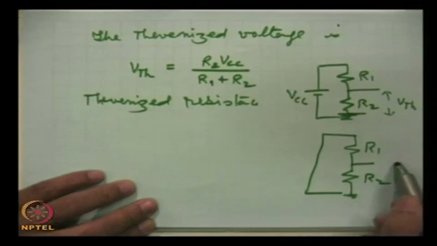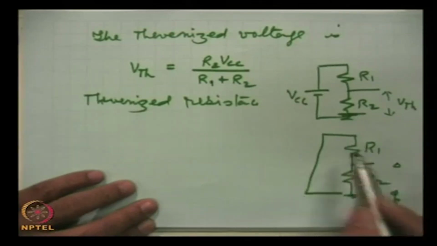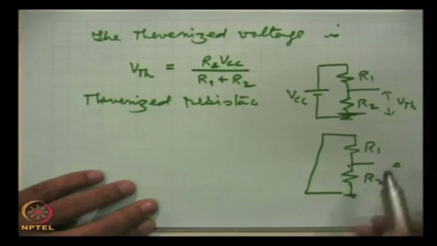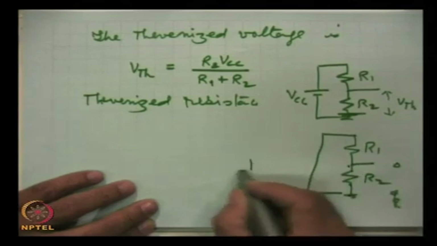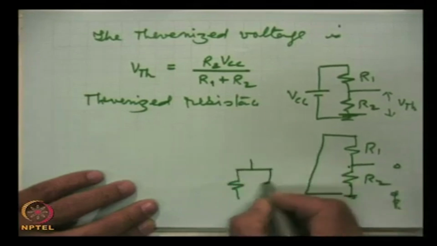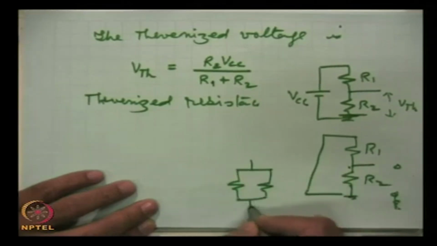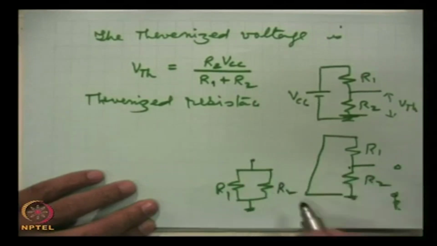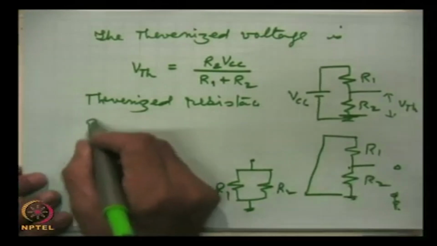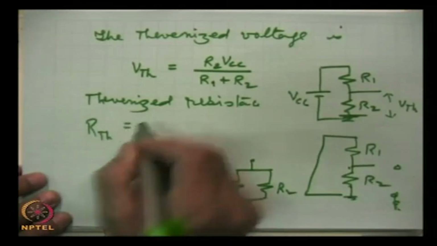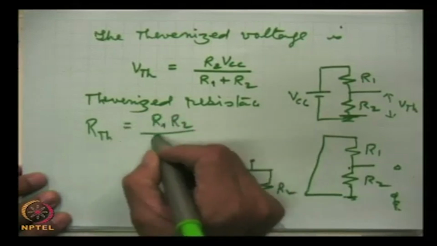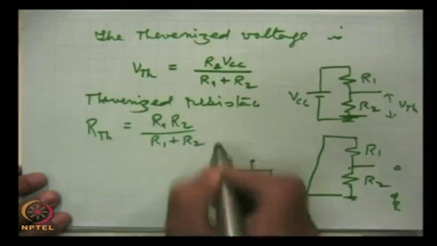As far as this point and ground is concerned, these two resistances are in parallel. This is grounded, this is grounded. R1, R2 are in parallel. So, RTH is equal to R1 R2 by R1 plus R2.